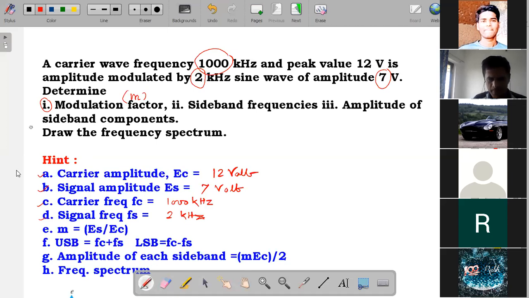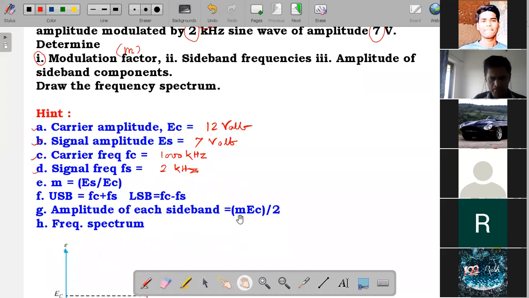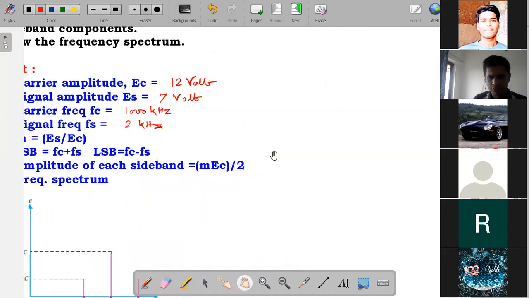Now see, I will write here. Now see, I will use different color.